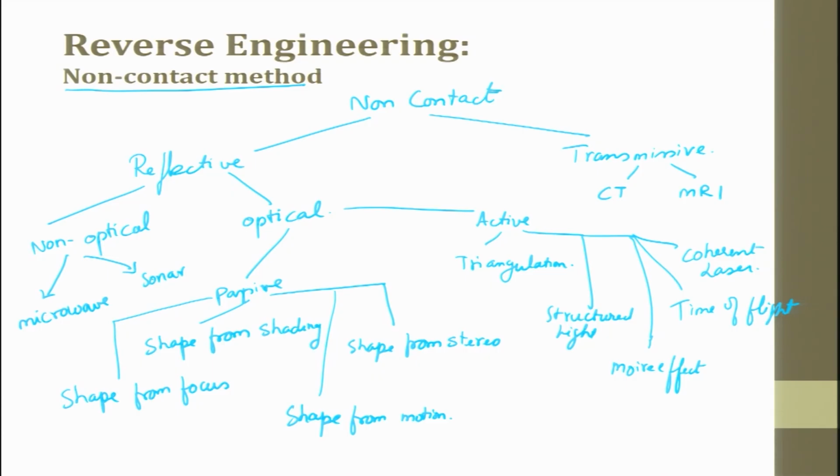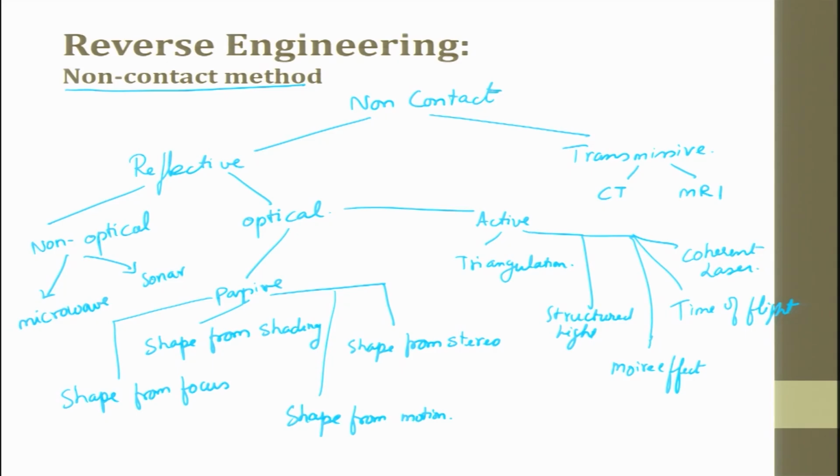Okay. So, this is the classification of non-contact methods. They are primarily classified into reflective and transmittance, and in transmittance CT and MRI fall in this category. So, when you talk about reflective, non-optical and optical come into existence. Non-optical you can use microwave, sonar, audio, all these things you can use. When you talk about optics, there are two types, one is active, another one is passive.